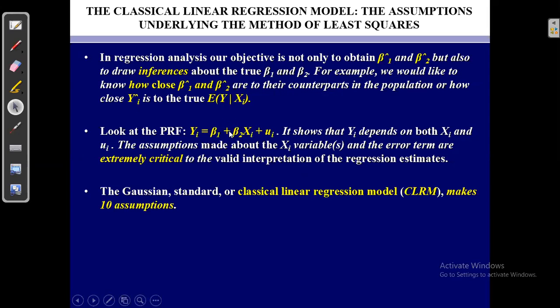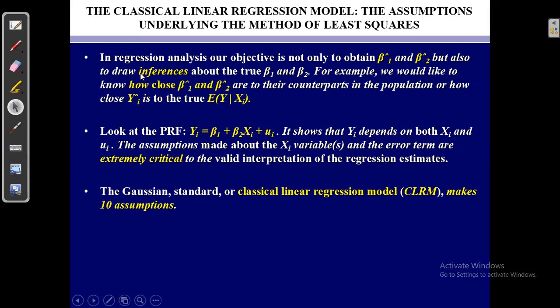So once you get the numeric estimates of these two in the form of beta 1 hat and beta 2 hat, your next step is to generalize from the sample information to the whole population. This generalization from sample to population is given the name of statistical inference.